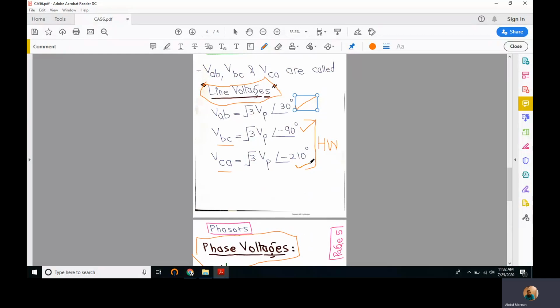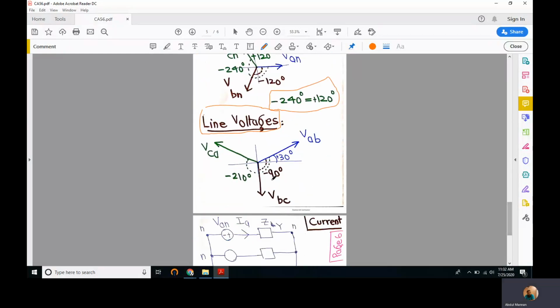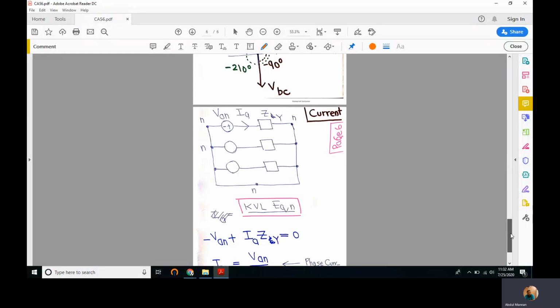So minus 90 minus 120 is minus 210. Right, this is minus 210. So in the same way, we have drawn line voltages, but having a magnitude larger compared to VAN, because all line voltages are 1.732 times larger than the phase voltages. Right.